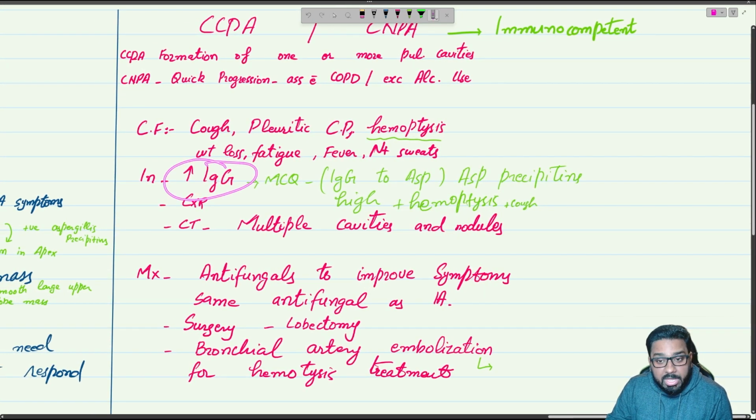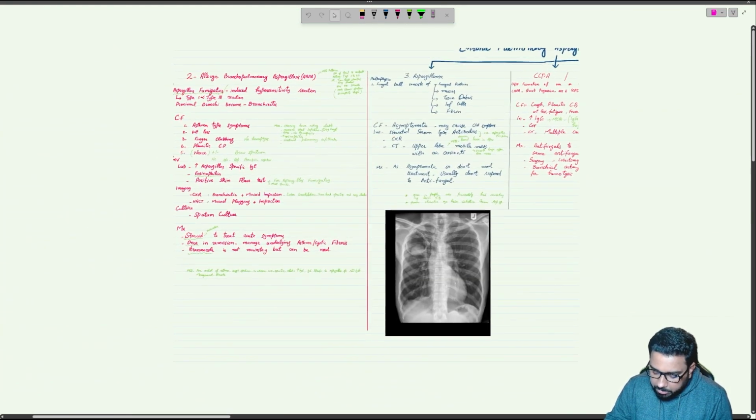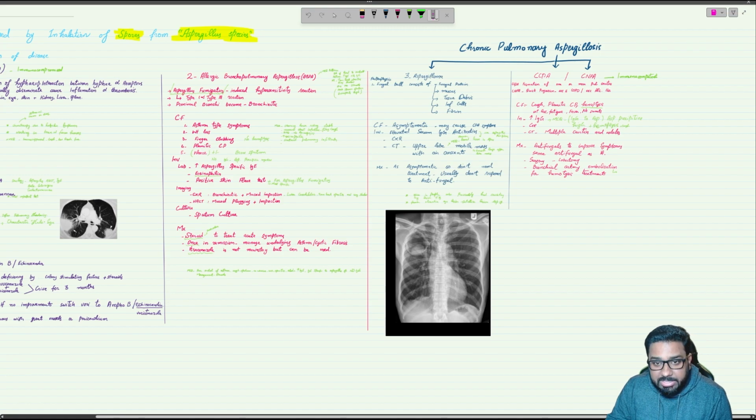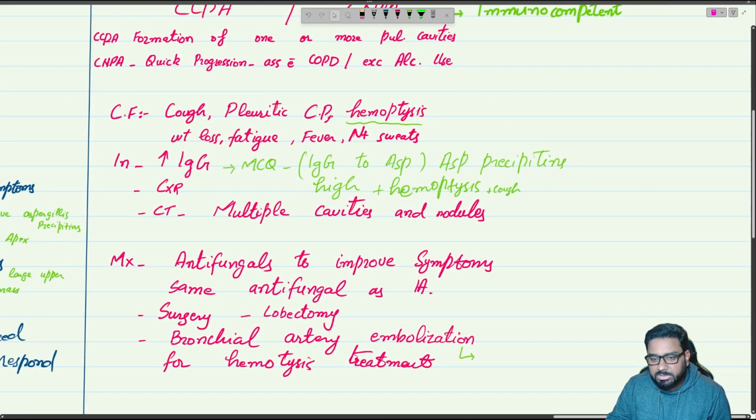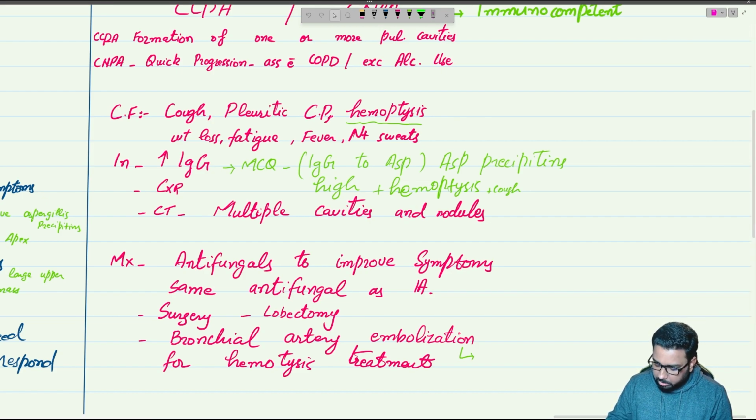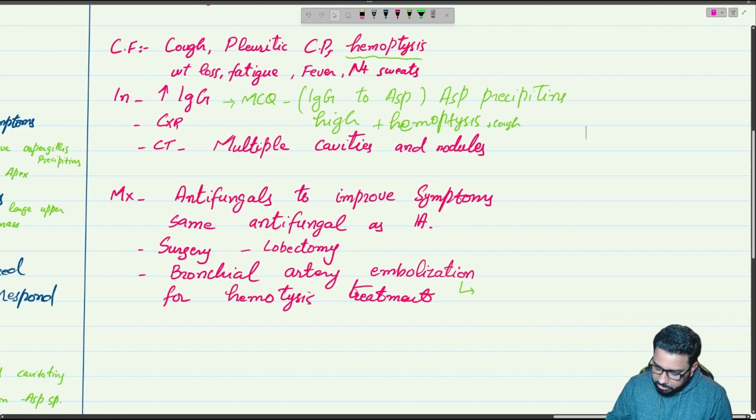Investigation wise, obviously IgG will be high. In ABPA, IgE will be high. And the other word for IgG is Aspergillus precipitins will be high. CT will show multiple cavities and nodules. What is the management?